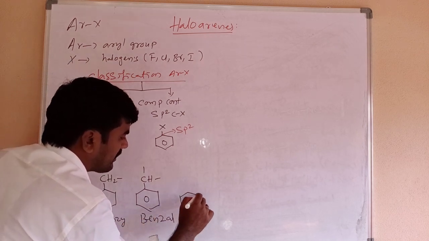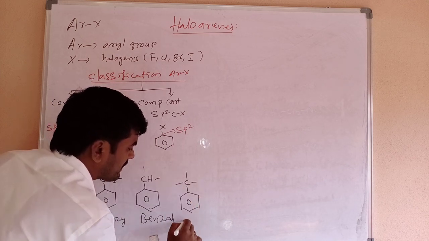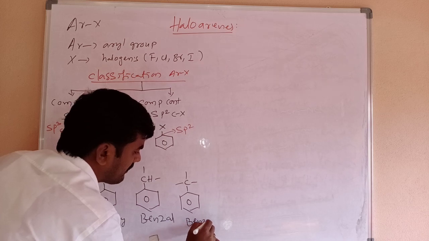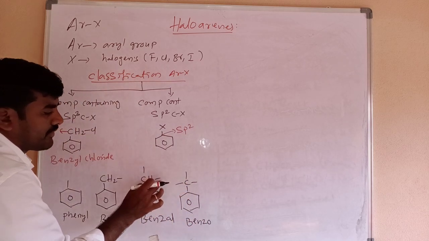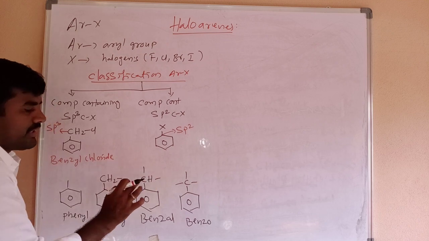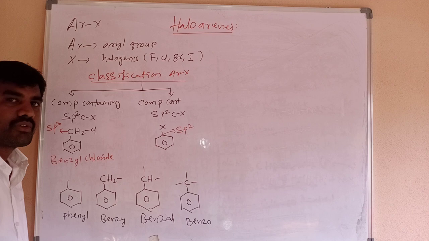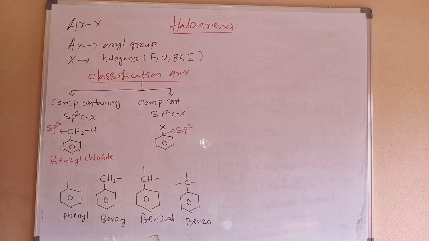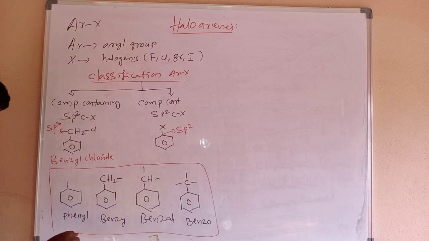If three valencies are open at a side chain carbon atom, this is called benzo. What is it? Benzo. No need to write di, tri. For example, two chlorine atoms are there, benzal chloride. Three chlorine atoms are there, benzo chloride. We should remember this: this is phenyl, this is benzyl, this is benzal and benzo. These structures we should remember.